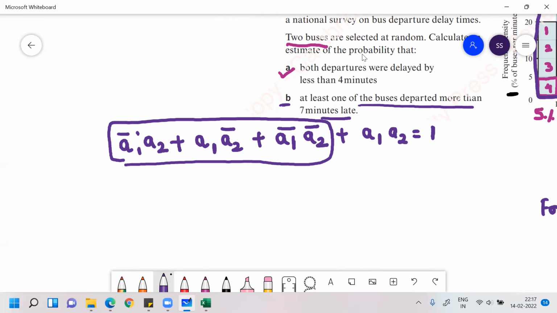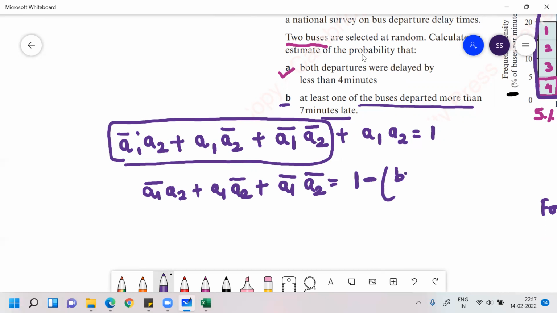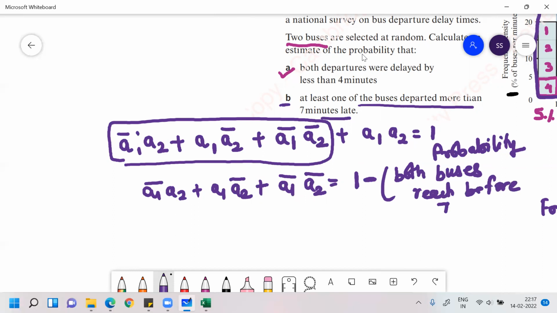This is equal to 1 minus the probability that both the buses reach before 7 minutes. Can you understand? Before 7 minutes.